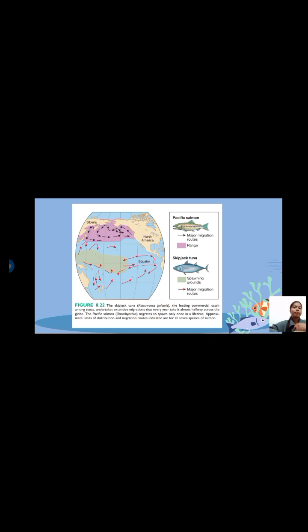Kaya ang salmon, only once in a lifetime gid sila makamigrate for reproduction. Yeah. So as you can see po sa kanang route, major migration route sa skipjack tuna, dako ka sila, dawa sila og kanang area kay mukuan mi gid sila sa globe. I mean murag makuha gid niya ang half sa globe.